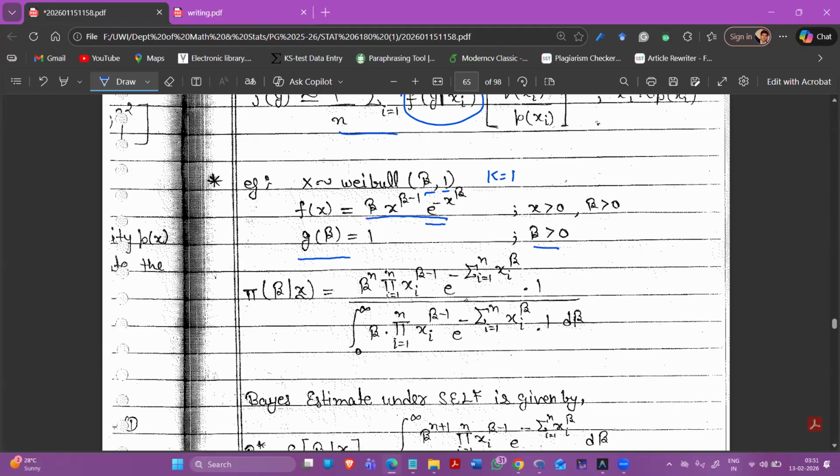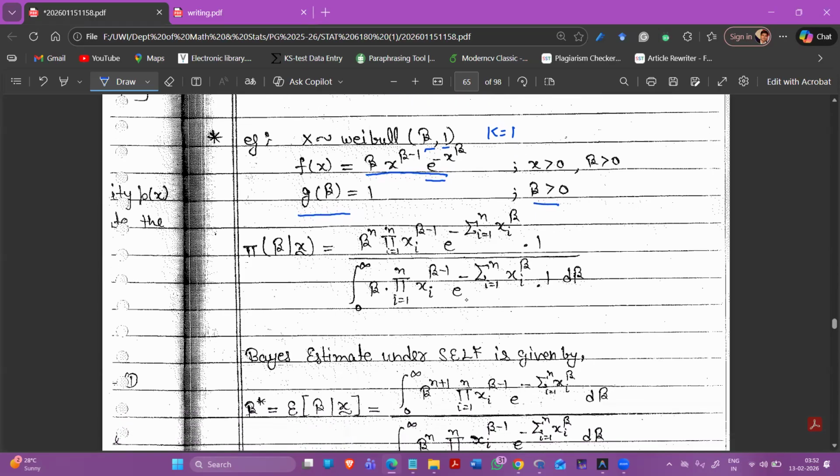So what will be the likelihood of this one? Beta raised to the power n, product of xi raised to the power beta minus 1, e raised to the power minus summation xi raised to the power beta, into 1. In the denominator, the same thing will be there, and only you need to integrate over the range of beta, 0 to infinity, right?